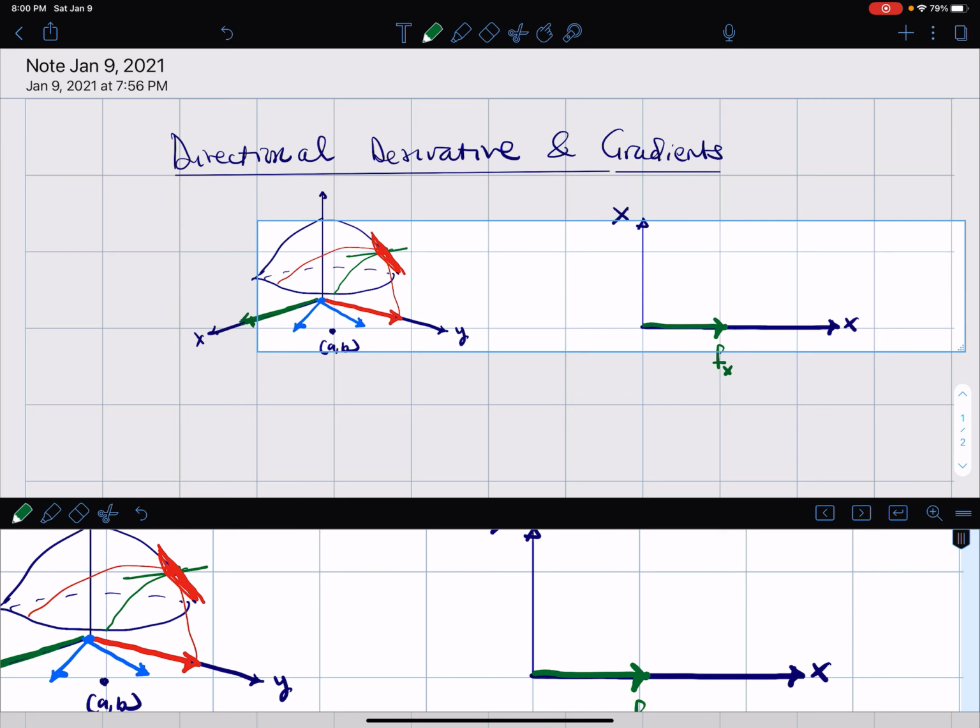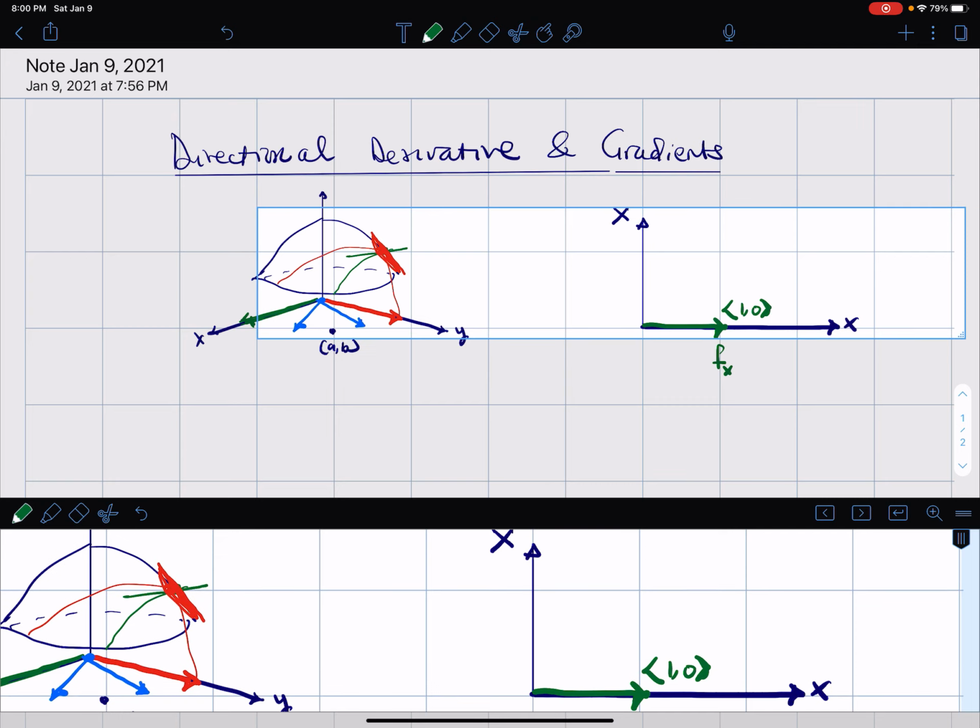It takes the direction of that vector. This vector is 1, 0. And then the partial derivative along the y-axis takes this direction, right? Partial derivative with respect to y, fy, and this vector is 0, 1.